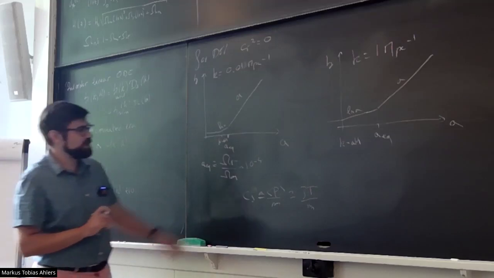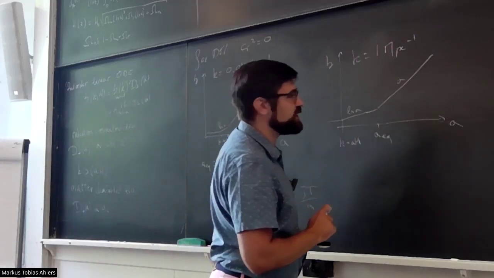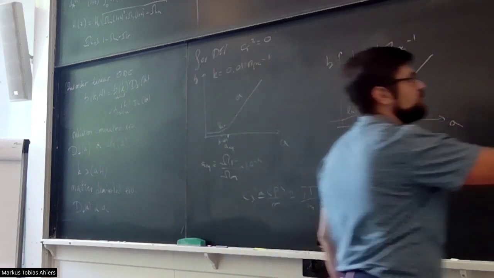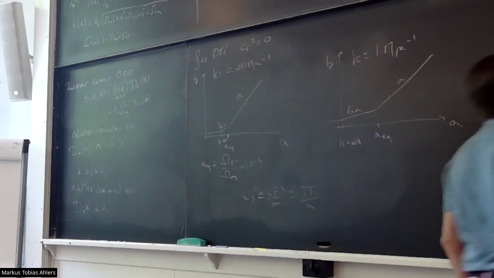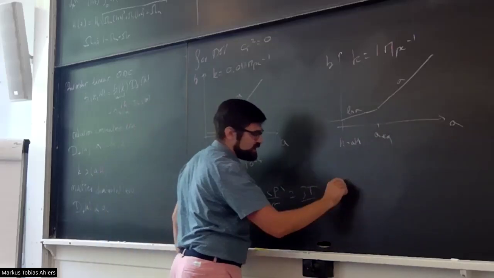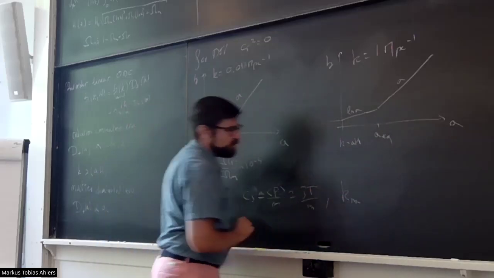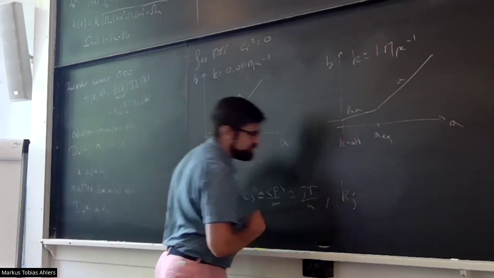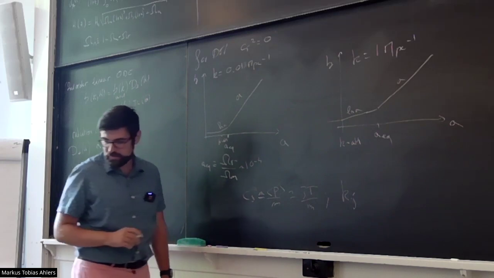Okay, and so we can plug that in our expression for the Jeans length, which I erased, or did I write it down? Yes, it's there. You can plug that in this equation here to define the Jeans length for the neutrinos, very good.